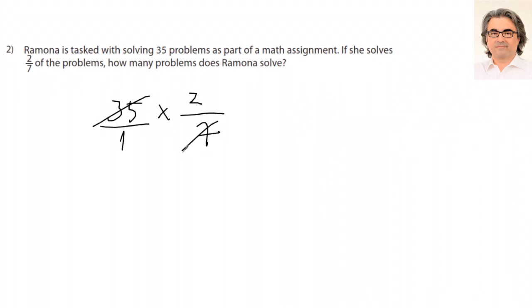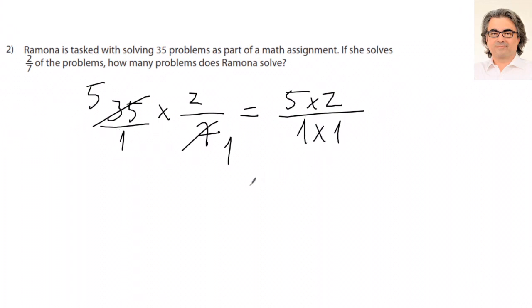Both are divisible by 7. 7/7 is 1. 35/7 is 5. So I should multiply 5 with 2 on the numerator of the final result and 1 on the denominator. 5 times 2 is 10. 1 times 1 is 1, so 10/1 is 10. So how many problems does Ramona solve? 10 problems.